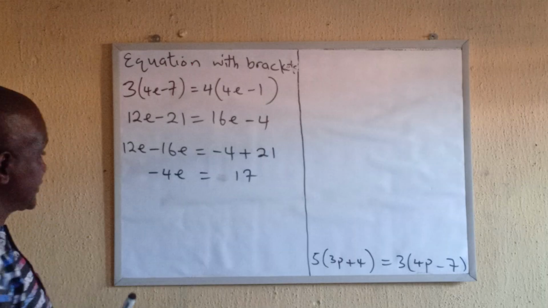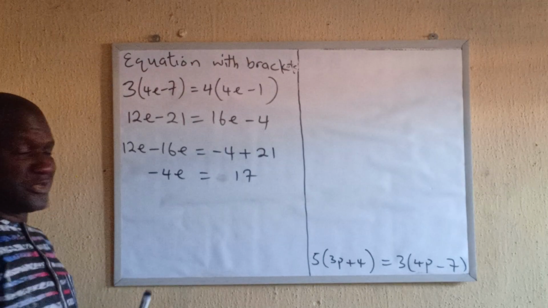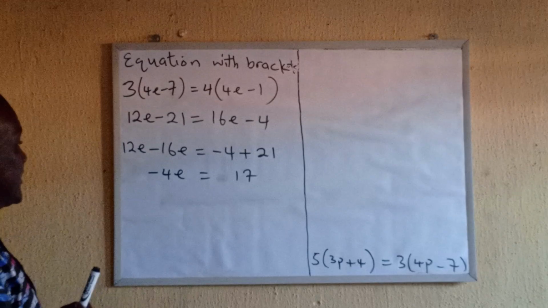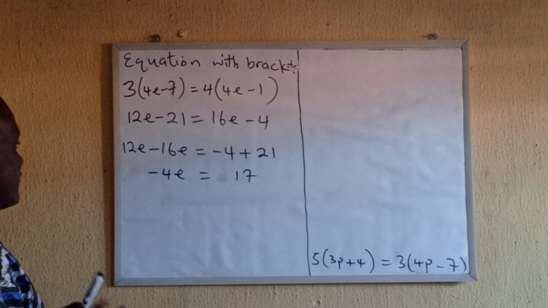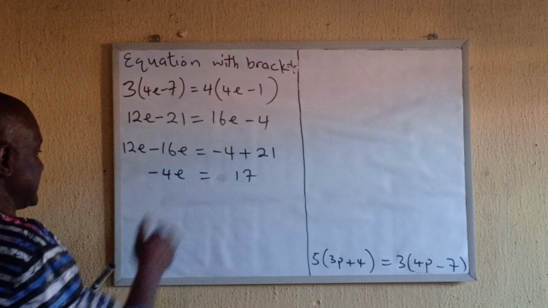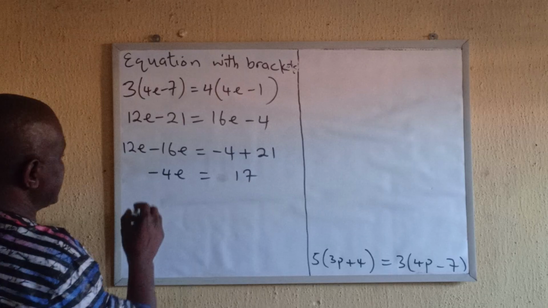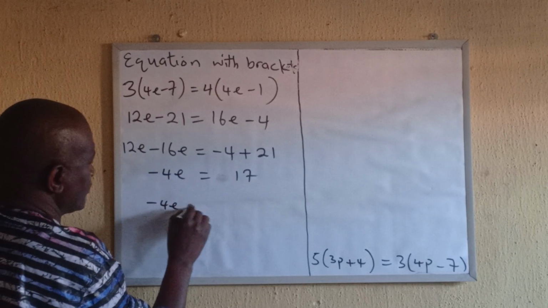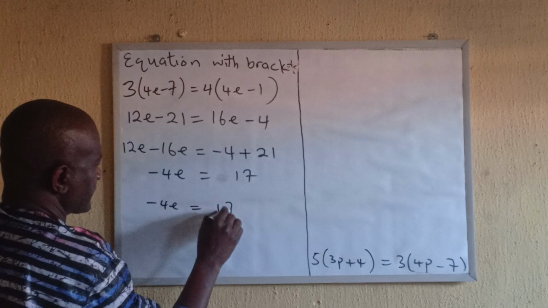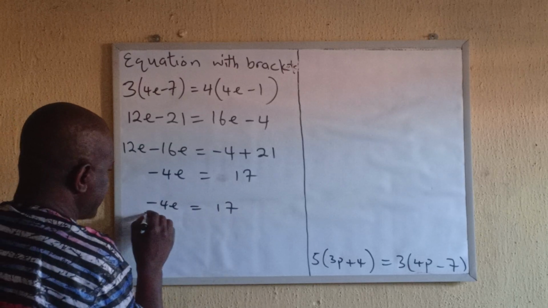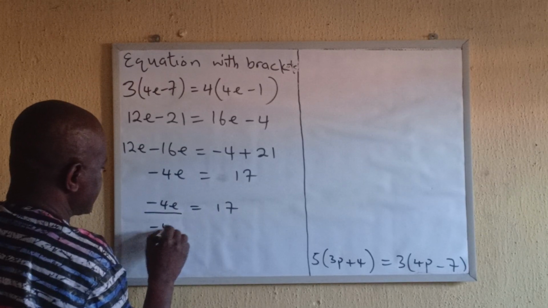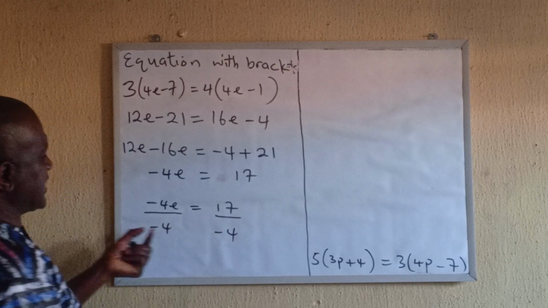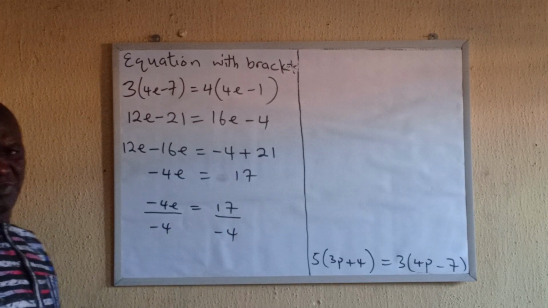In other places, to balance it, they say multiply both sides by the multiplicative inverse of minus 4. But this is easier. I said last class, learn to write this expression first, which is minus 4e equals 17. So I'm dividing the left hand side by minus 4, and I'm dividing the right hand side by minus 4. So you see, I've divided both sides to balance.